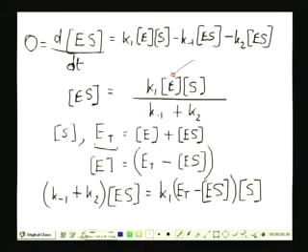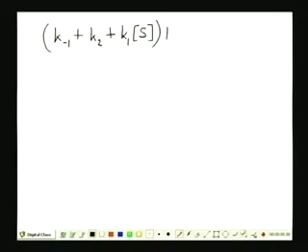Let's just do it. I will have on the left hand side a K minus 1 plus a K2 plus a K1 S all multiplied by ES, and what is this going to be equal to? K1 ET S.